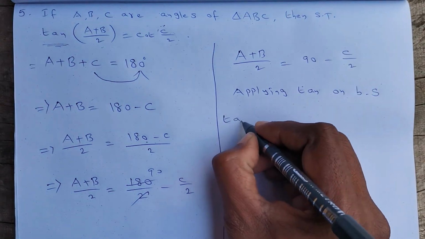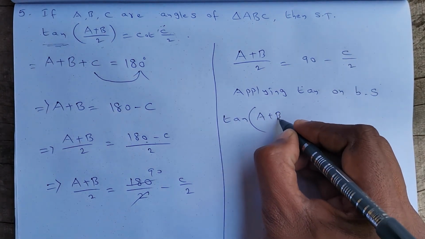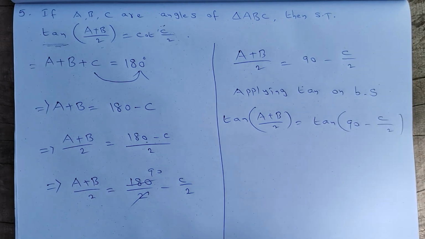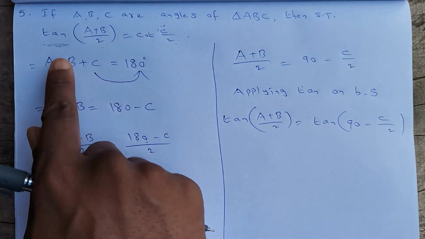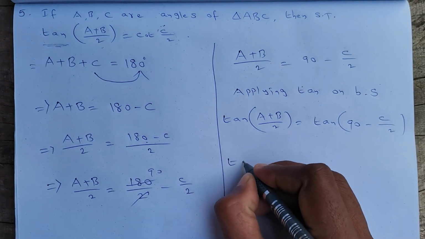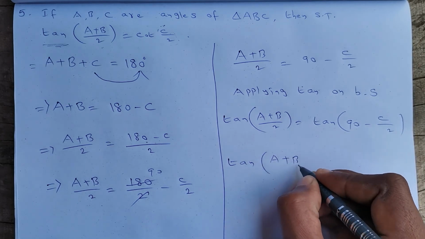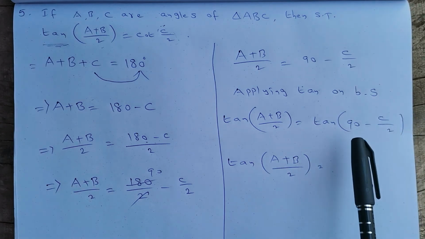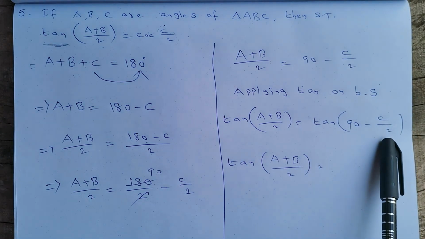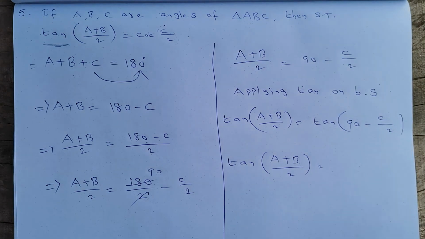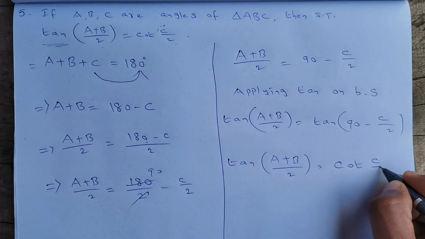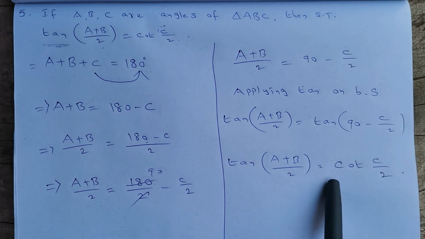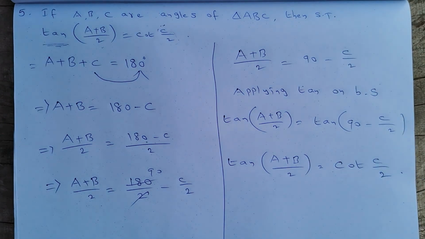Left side: tan of (A plus B) divided by 2 equals tan of (90 minus C by 2). Tan of 90 minus theta is nothing but cot theta. So tan of (90 minus C by 2) becomes cot C by 2. Tan of (A plus B) by 2 equals cot C by 2. Hence proved.